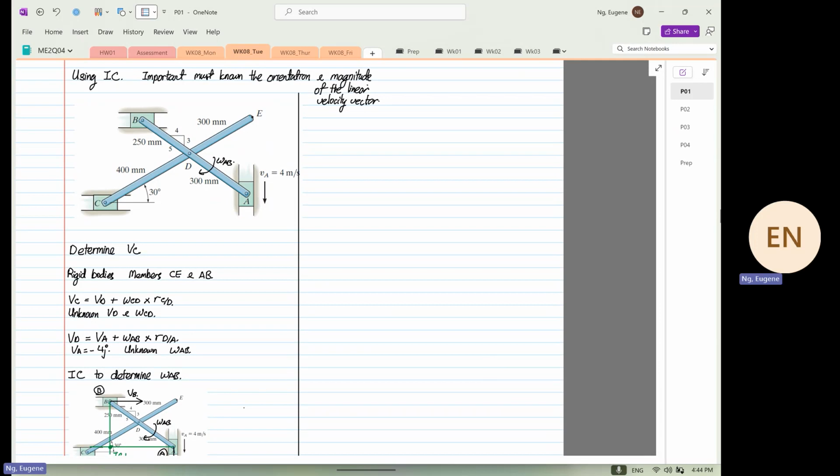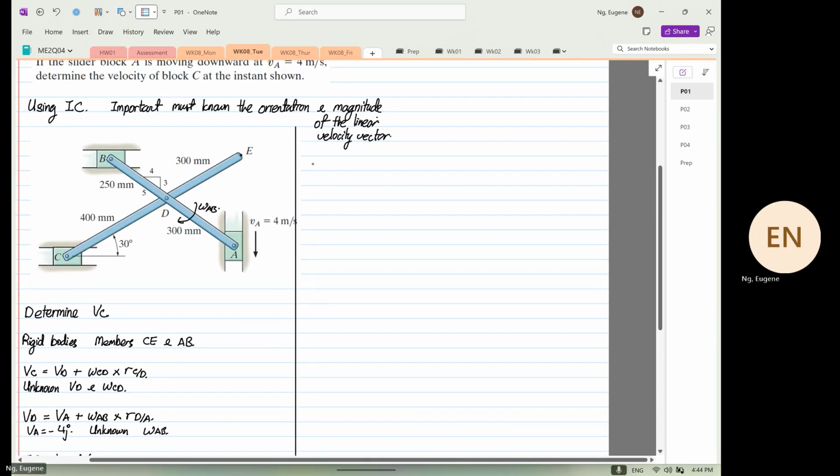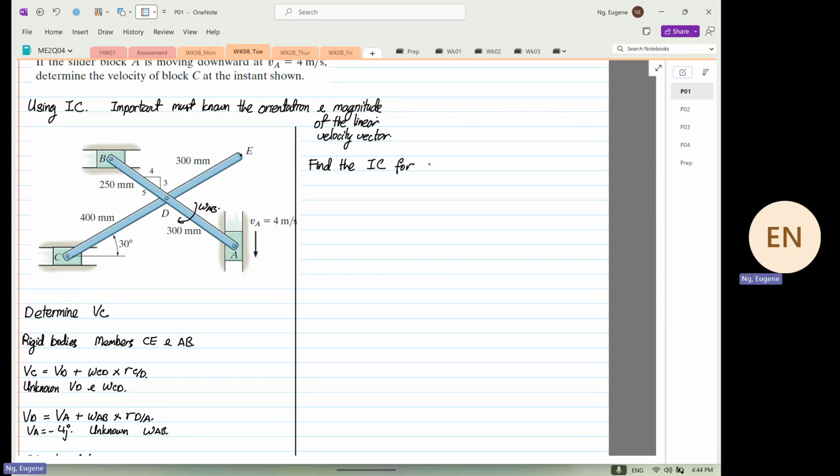Can we apply the same technique to find VD? Now VD, so we now want to find the IC for points C and D. I showed you one way that we can use AB, right?